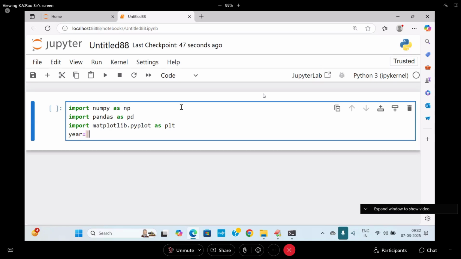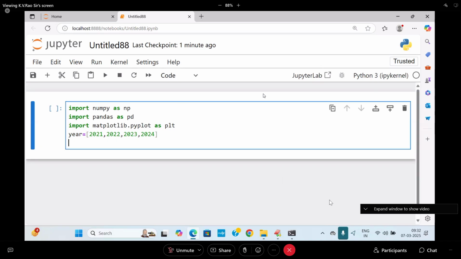So I am taking the years 2020, 2021, 2022, 2023, 2024, whatever you like, you can take it. This is the data that I have. It is called a list of values.